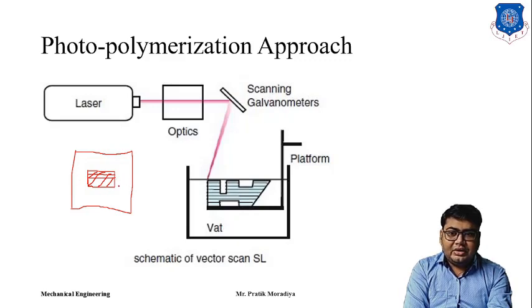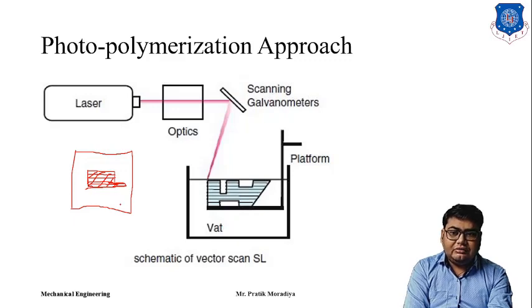If you have a shape like this in your part and you want that shape, then at that point the light will start from here, it will stop at this point, and then it will go on scanning, and again in the next step, and in the last step it will be till here, and the scanning will be continued.